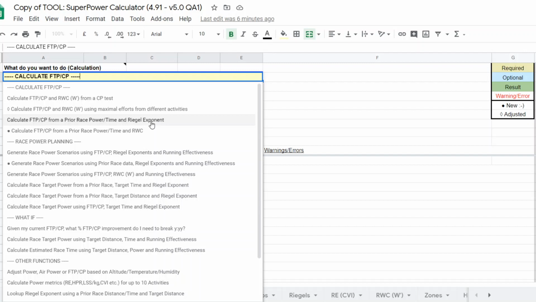So we have this new calculator, which we'll be releasing in version 5.0 of SuperPower Calculator. And that's the one I want to talk about tonight or today.